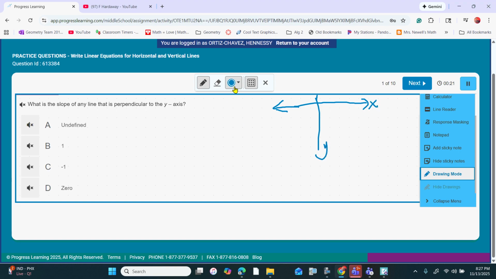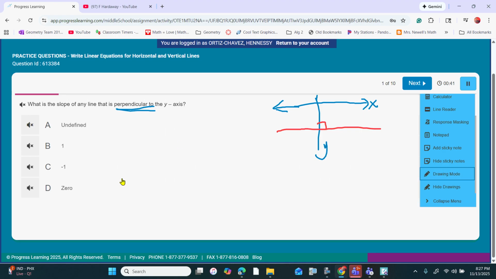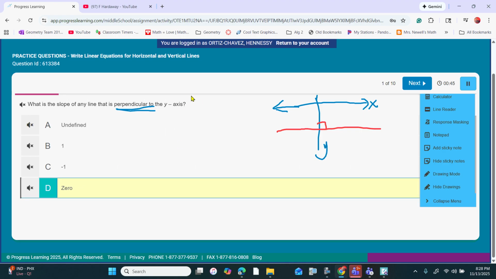Now, perpendicular means that it intersects it, forming a right angle. So if the y-axis is a vertical line, this would be the perpendicular. So the perpendicular is a horizontal line, which means horizontal lines have 0 slope.